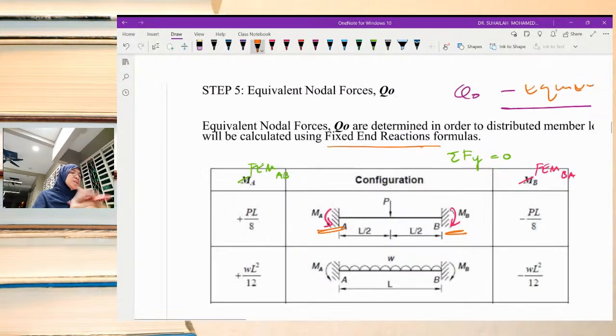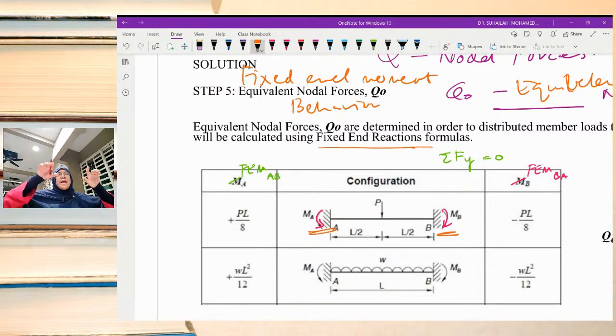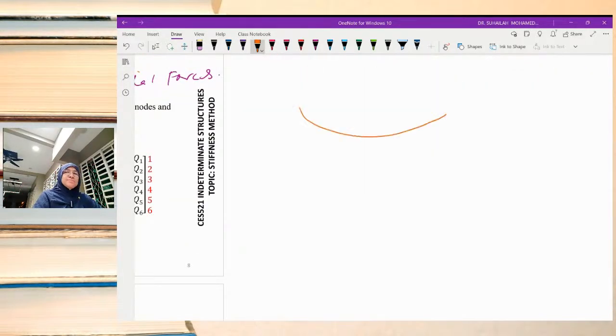The fixed end moment is a behavior, to remain straight. To remain straight, we have to apply moment in this direction and this direction. Then only it will go back to its original position.